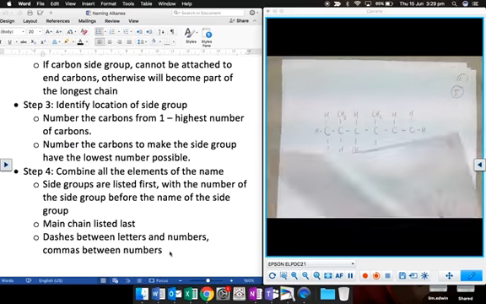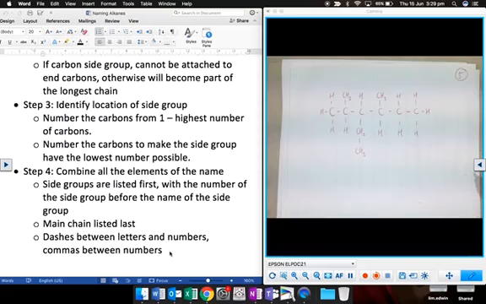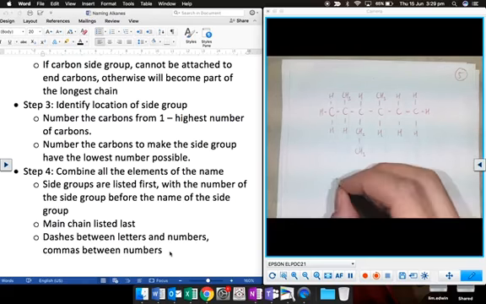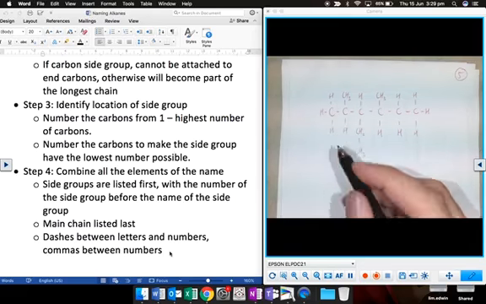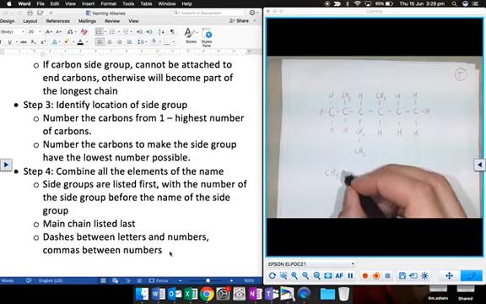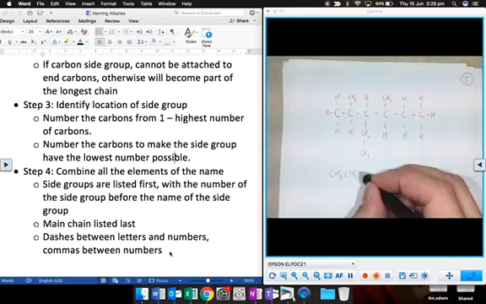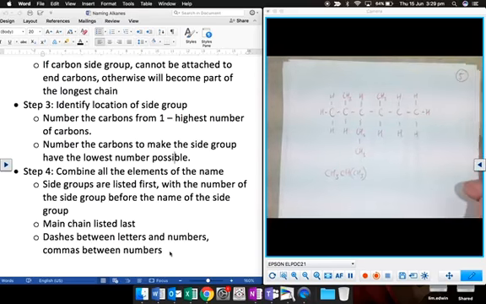Let's try something else. Here we have a structural formula, but with no condensed formula. So we're going to write out the condensed formula. Have a go at writing out the condensed formula. Or you could just follow me doing it here. This carbon here, CH3. This carbon here, CH, bracket, CH3.